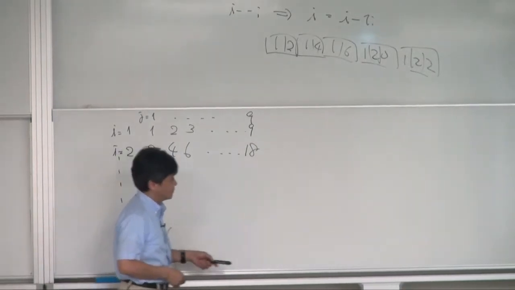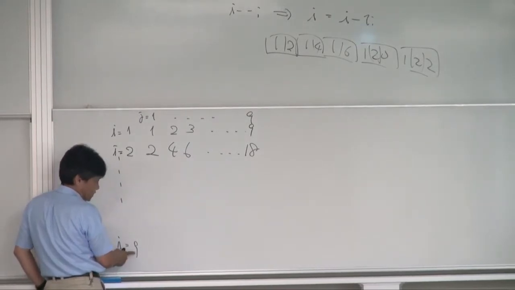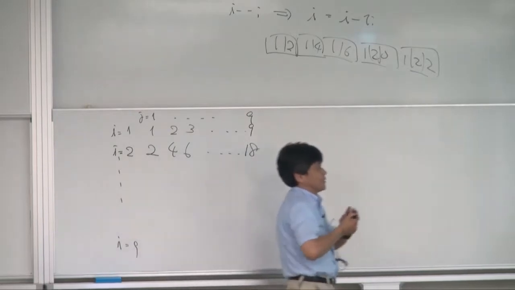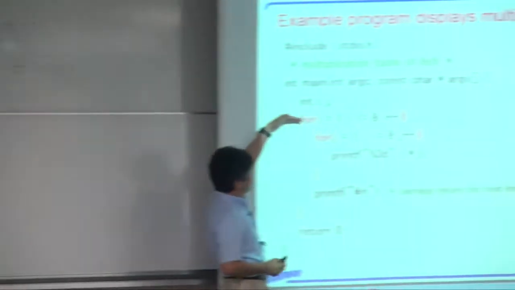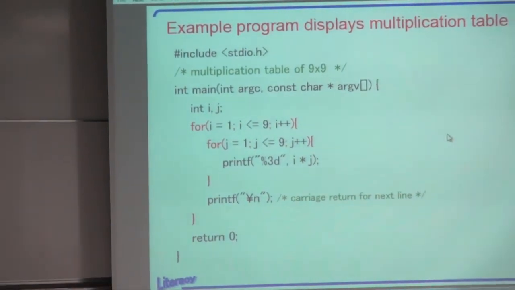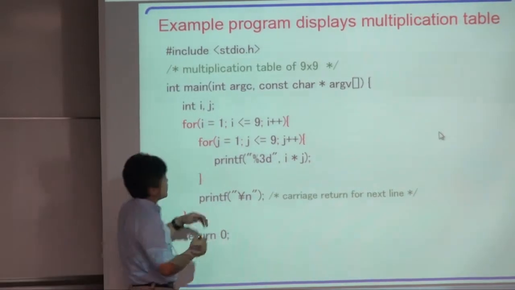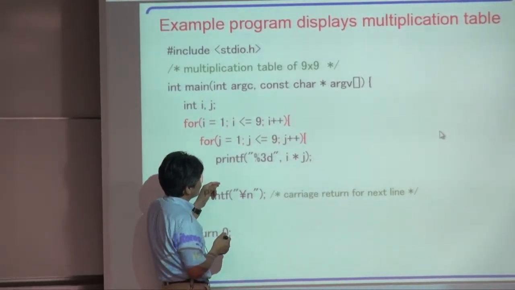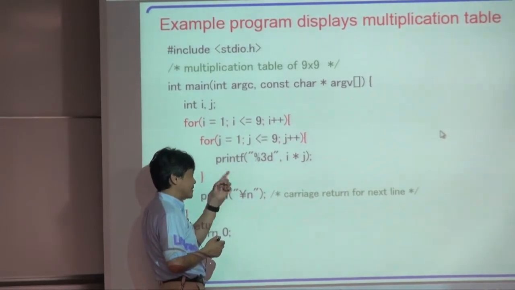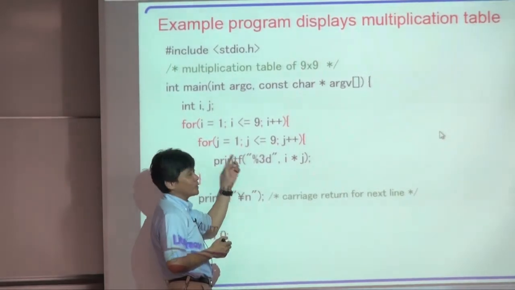Okay. So similarly, i becomes 9, and j becomes 9. When i becomes 9 and j becomes 9, finally this sentence will be executed.